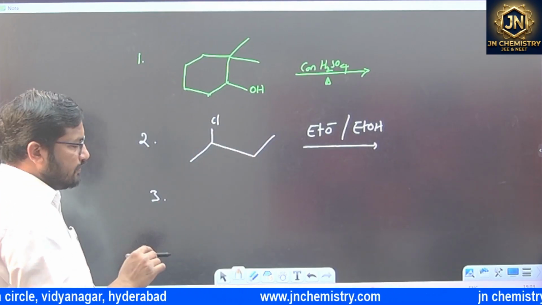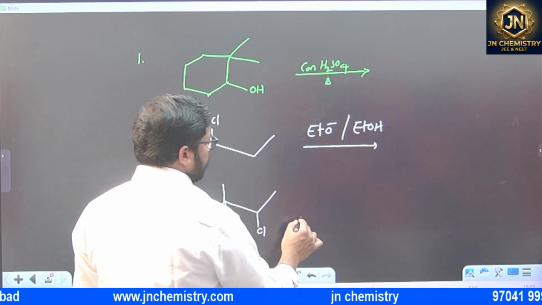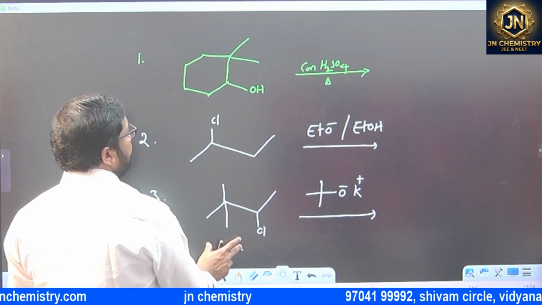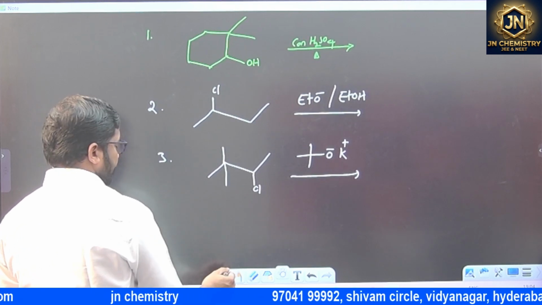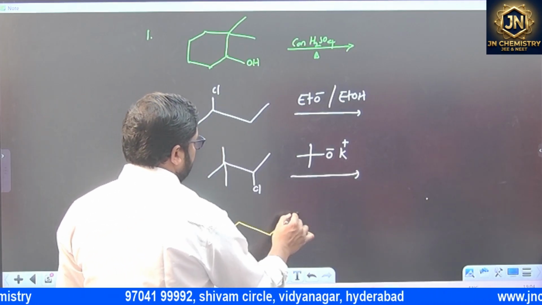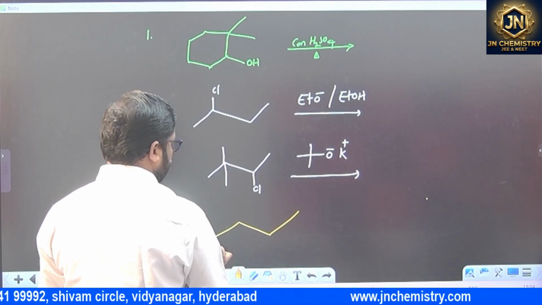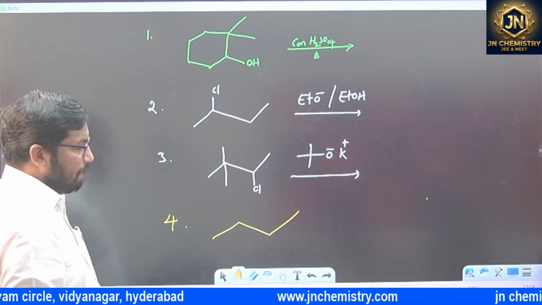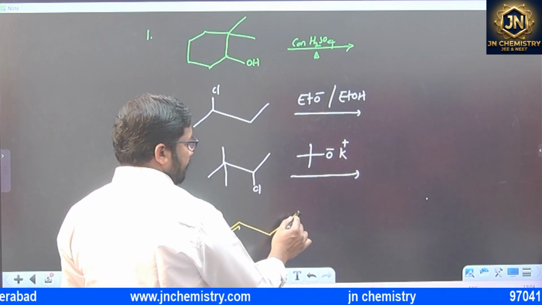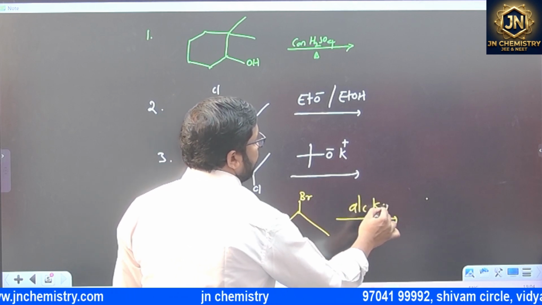Third one, O minus K plus, bulky group. Alcoholic KOH.